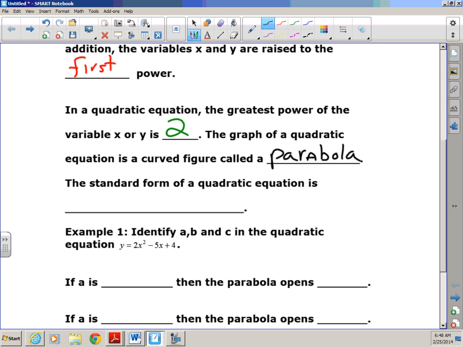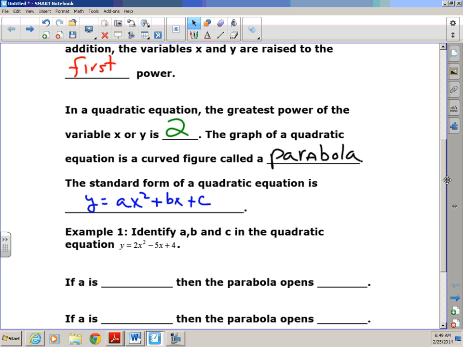The standard form of a quadratic equation is y equals ax squared plus bx plus c. So now, instead of our y equals mx plus b form, we have the variable x being squared as an attachment to our formula. If you think of bx plus c like our mx plus b concept, but now we're attaching that.